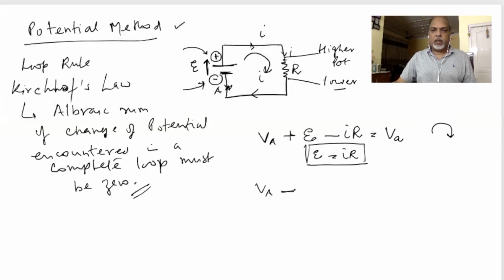VA, now since our loop is against the direction of the current, this will be plus, and in the battery we are coming from positive to negative, so this will be minus, and we arrive again at VA.